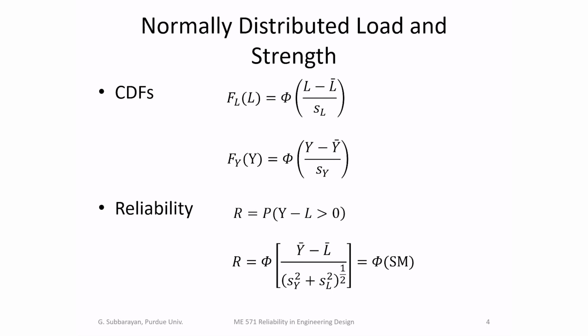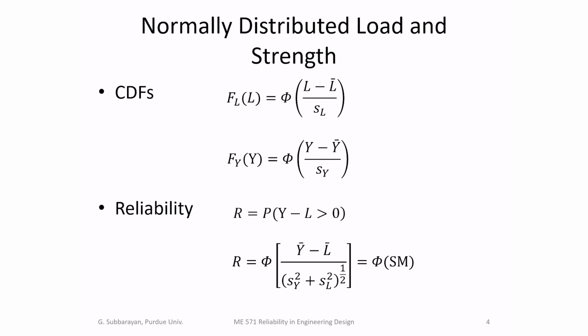By looking at a standard normal distribution of load and a standard normal distribution of strength, you can show that reliability is nothing but the cumulative distribution corresponding to the safety margin.